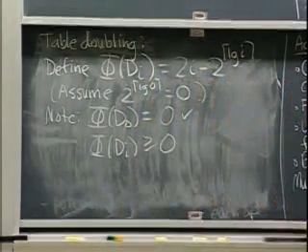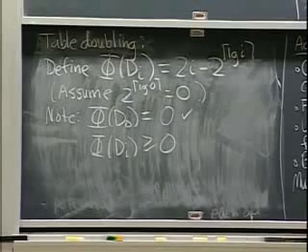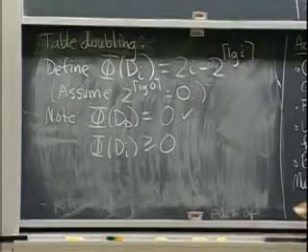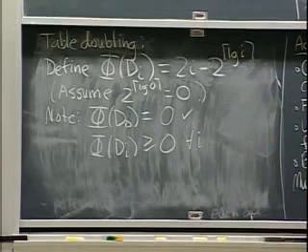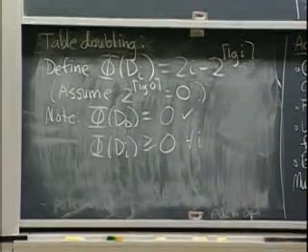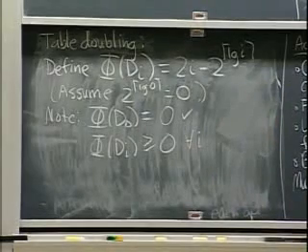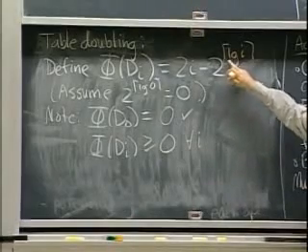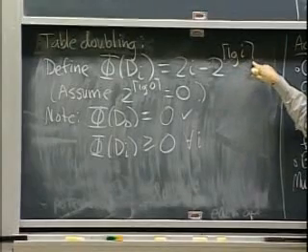And phi of di is greater than or equal to 0 for all i. Why is that? So what's the biggest that ceiling of log i could be?